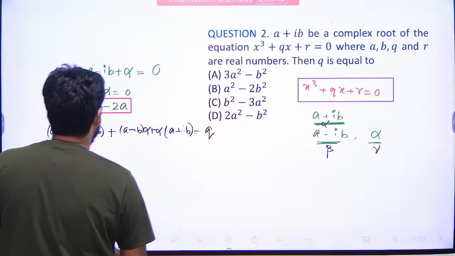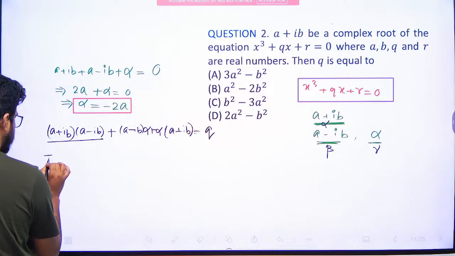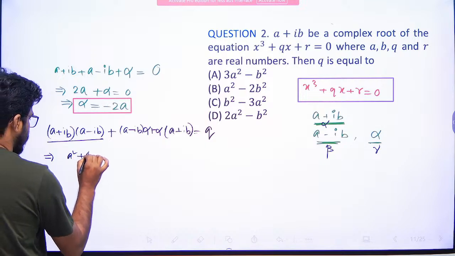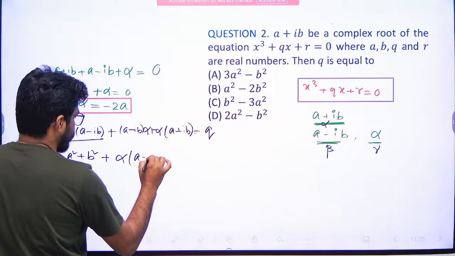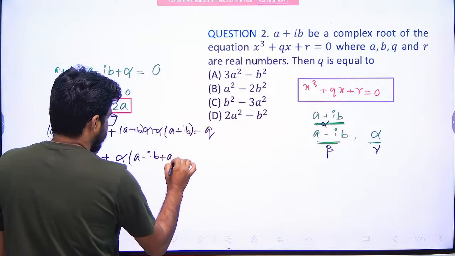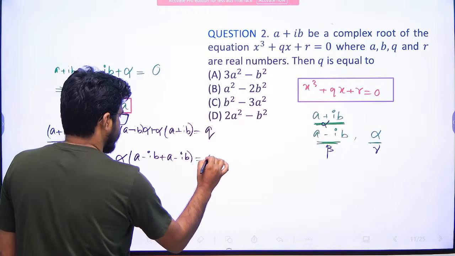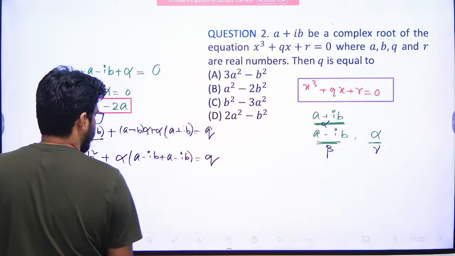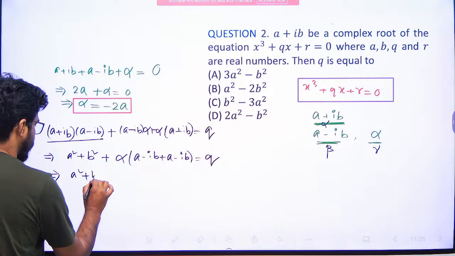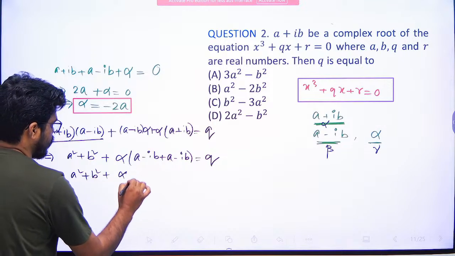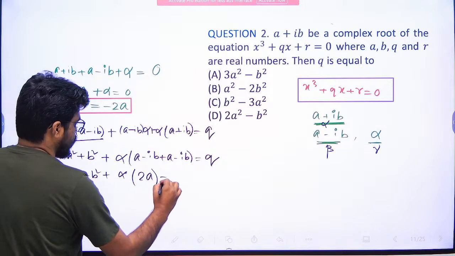So this will be q. If you multiply, we get a square plus b square. Taking alpha common, a plus ib plus a minus ib is equal to q. So plus ib minus ib cancel, so a square plus b square plus alpha into 2a is equal to q.